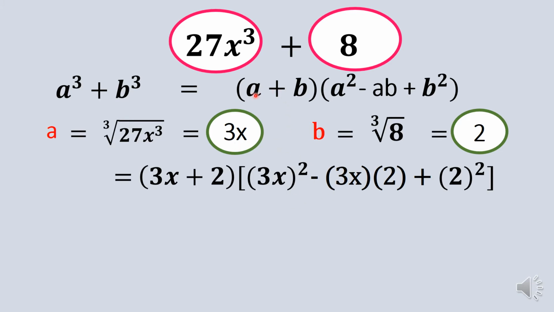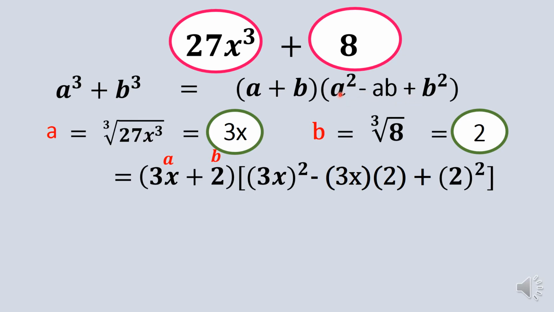So this is our a plus b. Our a is 3x, so we write it here as 3x, and our b is 2. So our a plus b is 3x plus 2. Next, the a squared minus ab plus b squared.